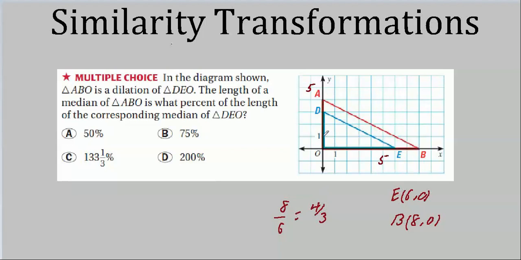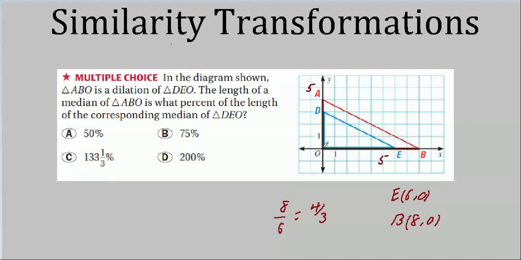Well, it looks like we have, and of course here, that's right where it's supposed to be. The image under a dilation transformation, when dilated about the origin, is still going to be at the origin because, well, algebraically, k times 0 is still just 0. So we can put 4/3 times 3 is 4, and 4/3 times 6 is 8, and 4/3 times 0 is 0.